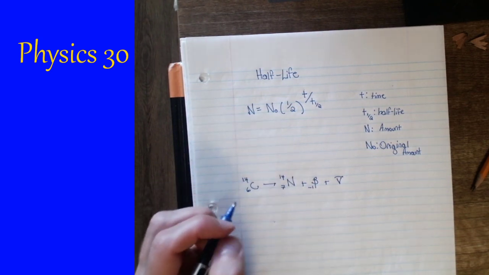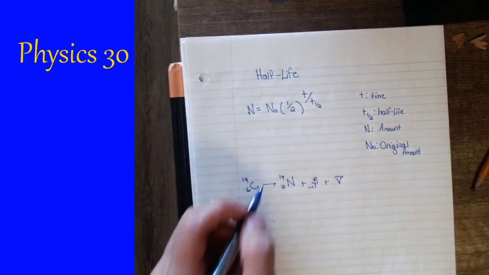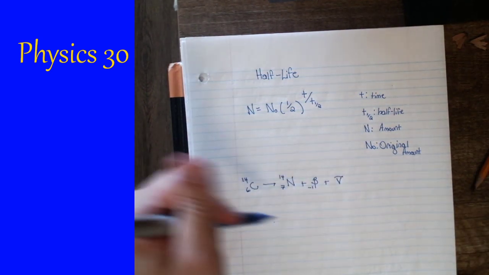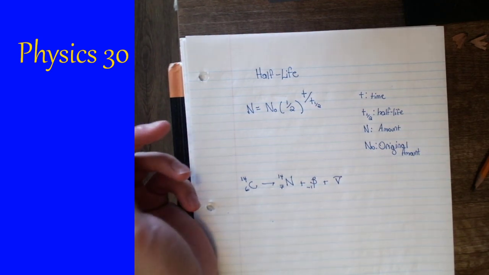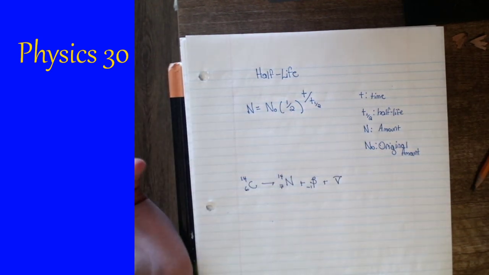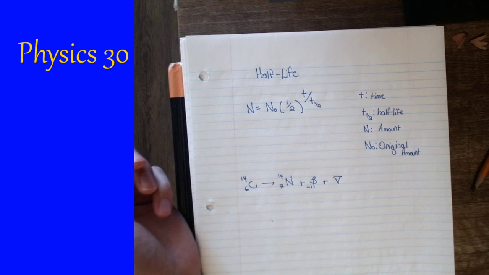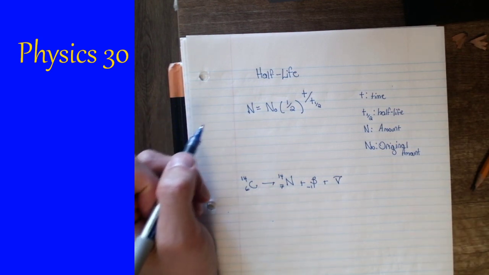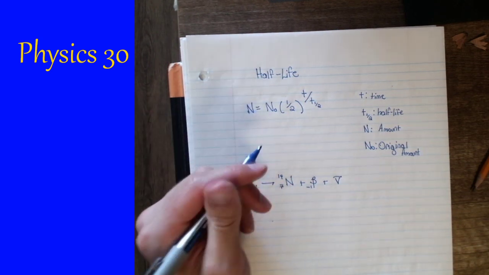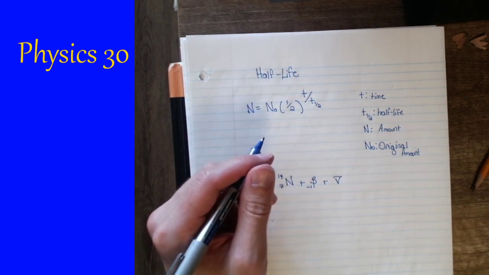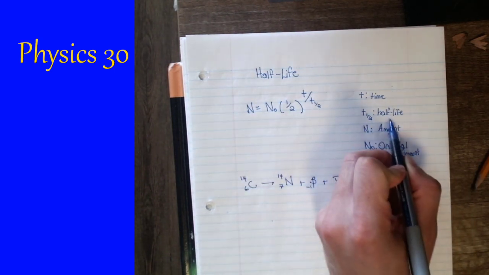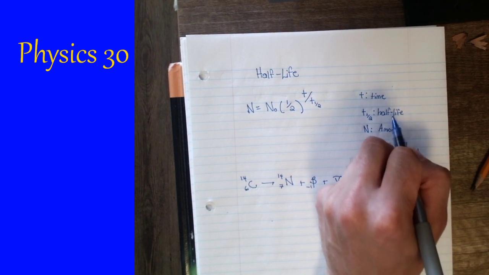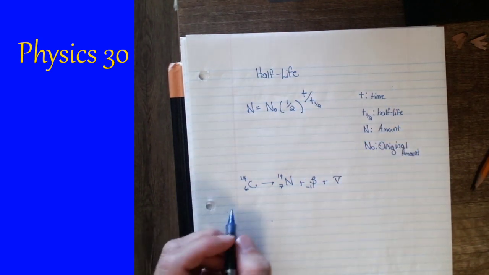The idea is that each and every unstable isotope undergoes some type of decay. Some things are stable, some are more stable than others, but it does so at a particular half-life, which is the time it actually takes for the element to be half of the amount it started at. So that's the idea of the half-life.